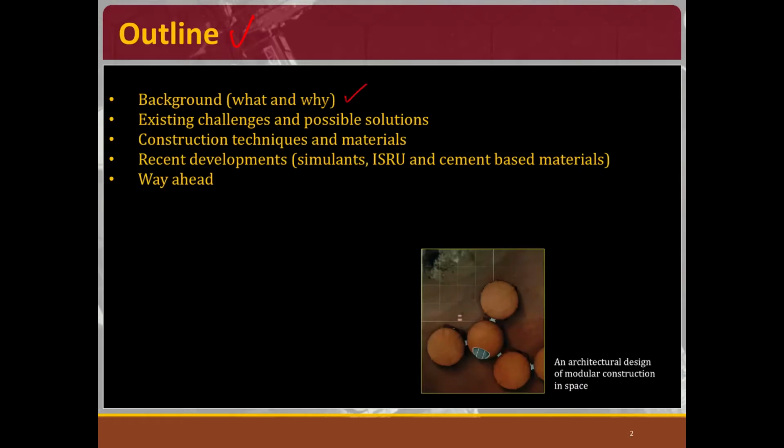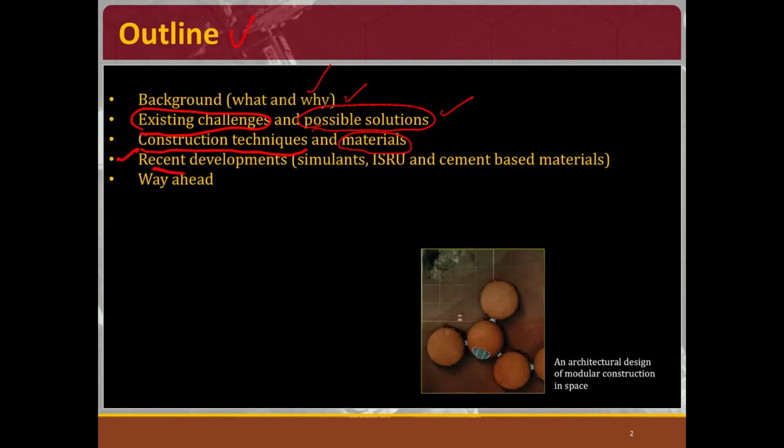First we'll discuss a little background on what space construction is all about and why we do it. Next we'll discuss some of the challenges that exist and possible solutions to tackle those challenges, what types of construction techniques we can use and that people are thinking of using, and what materials make it possible for construction to take place.